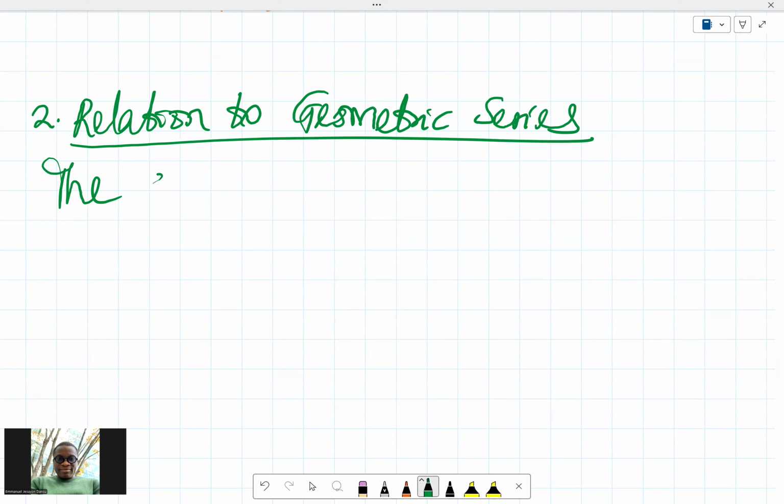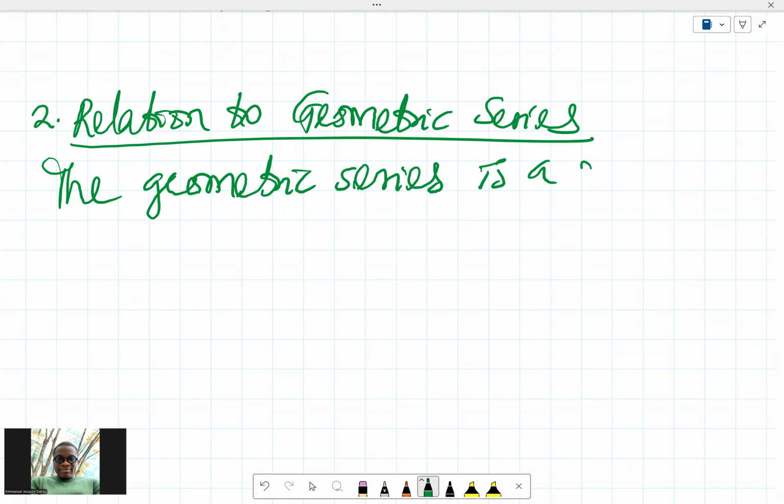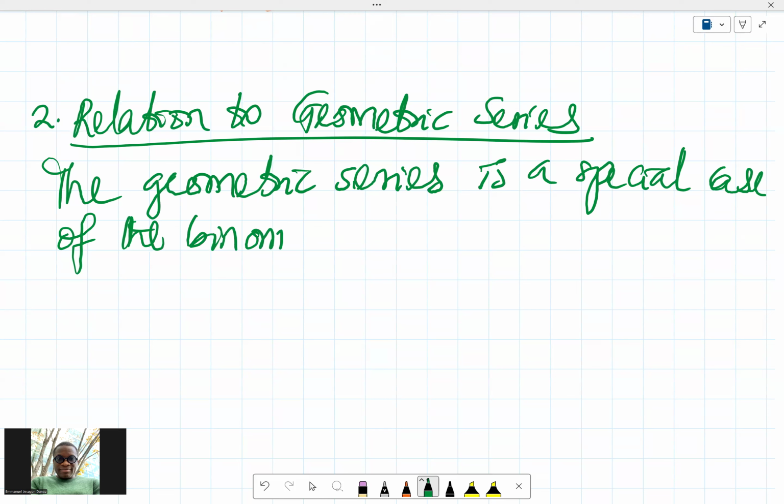So the geometric series is a special case of the binomial series when r is equal to minus 1.